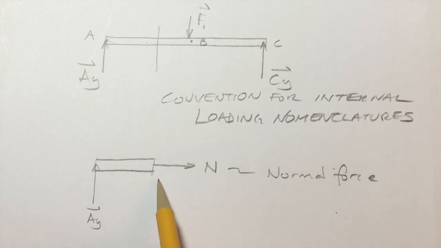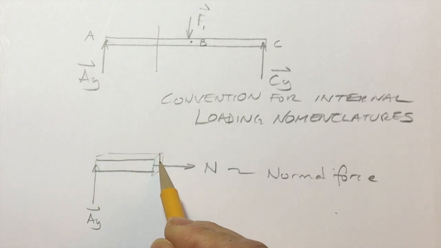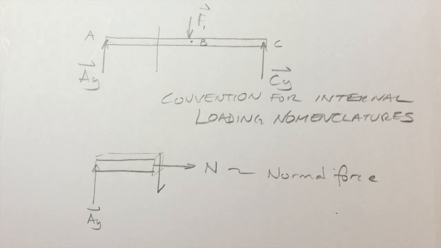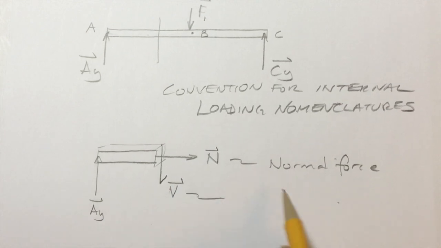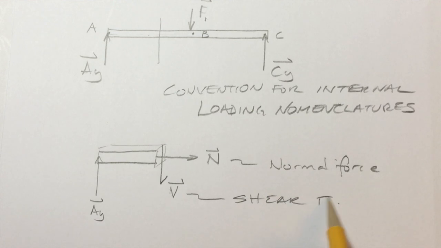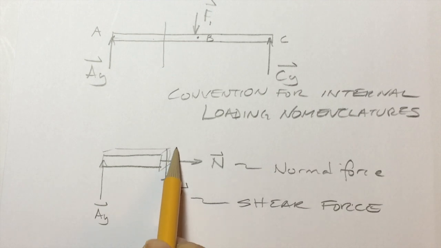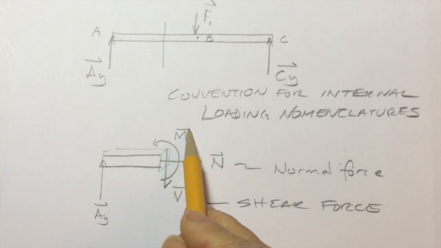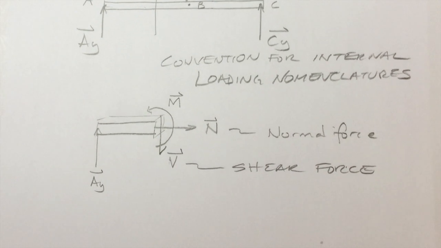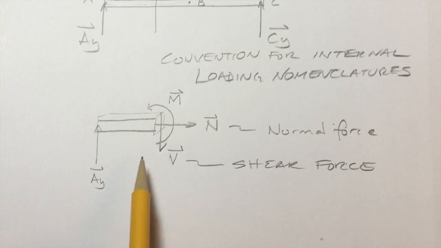And we also know that there's a shear force on that face of the beam, and we denote it with an arrow that looks like that, and we use a variable V. And this means it's the shear force. And it'll also have this internal moment, and we'll use the variable M.